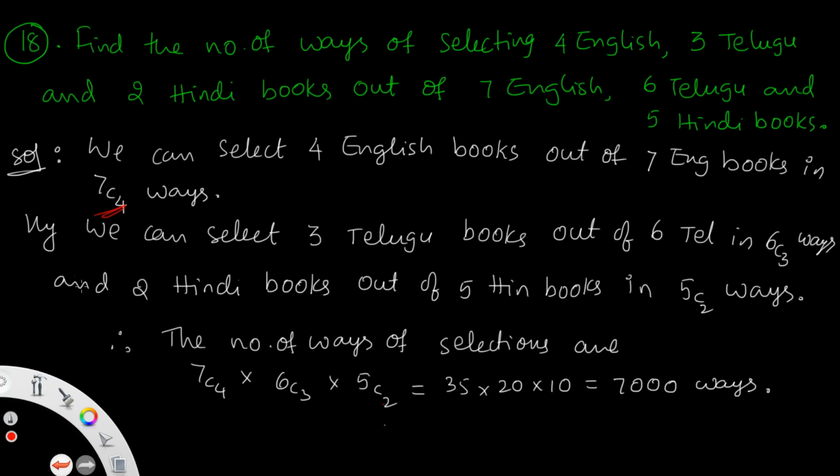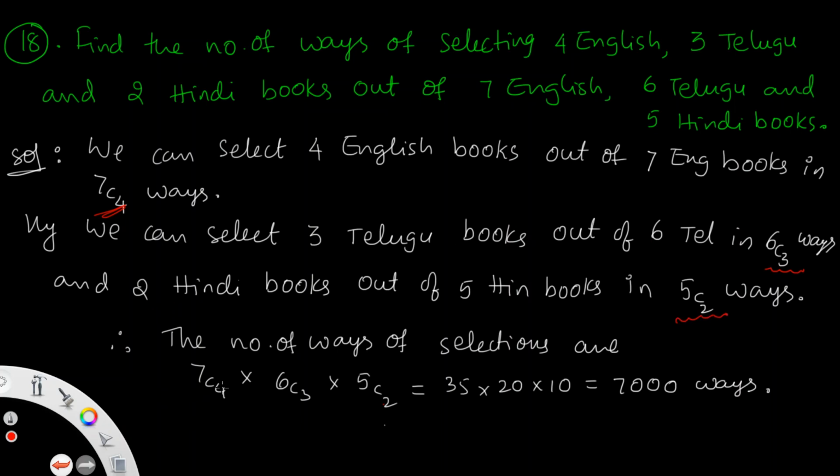Similarly, we can select 3 Telugu books out of 6 Telugu books, that can be done in 6C3 ways. And similarly, 2 Hindi books: we have total 5 Hindi books, out of 5 we are selecting only 2, which can be done in 5C2 ways.